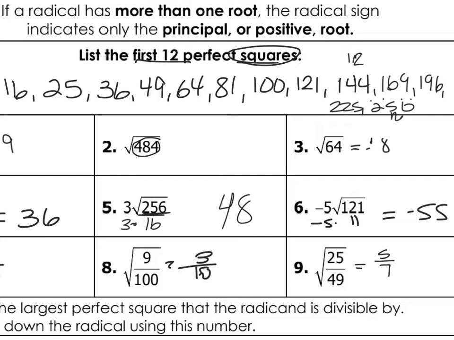So let's try 21. What's 21 times 21, or 21 squared? Well, that's 441, so we're close. Try 22 squared. Well, 22 squared. These big numbers like that, you kind of have to play with them.